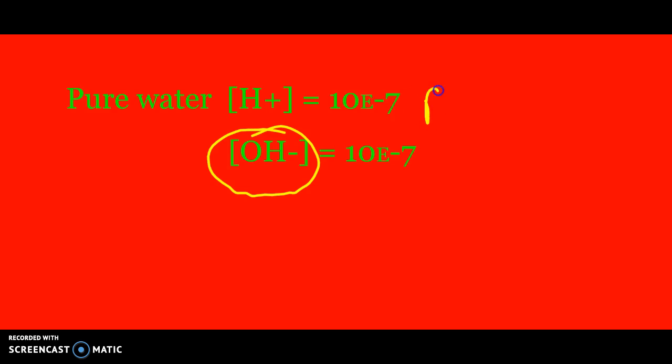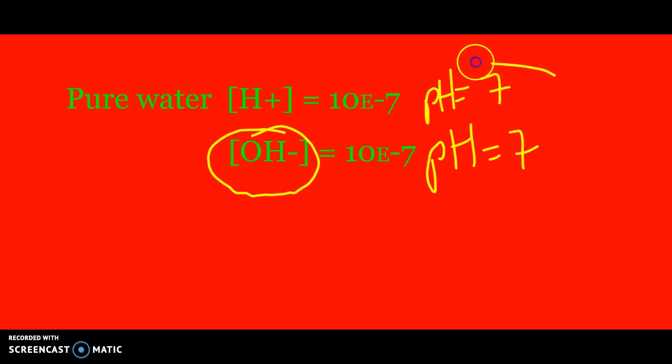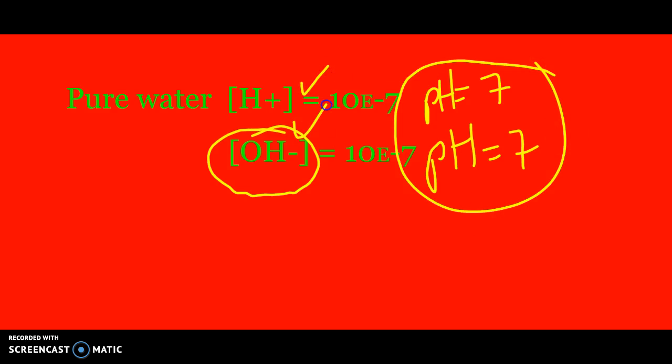So we run those through our trusty little formula. pH here is 7, pH here is 7. Pure water, unadulterated, neutral pH is 7, all right? The hydrogen and the hydroxide balance, which of course makes sense, which is why I've been writing water like this, because those two things are equal to each other in pure water.